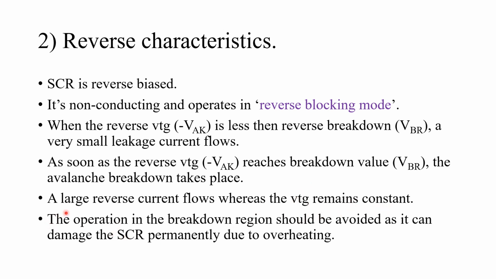The current keeps on increasing, whereas the voltage remains constant. So this is the reverse blocking mode of SCR, and operation in the breakdown region should be avoided, because it can damage the SCR permanently due to heating.